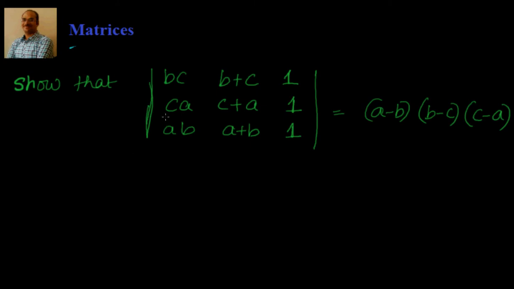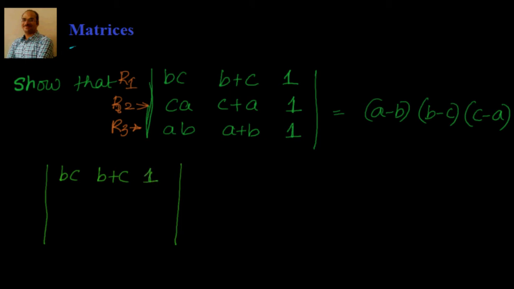Suppose this is row 2, this is row 3, this is row 1. We will not change row 1; we will keep it as it is: BC, B plus C, 1.